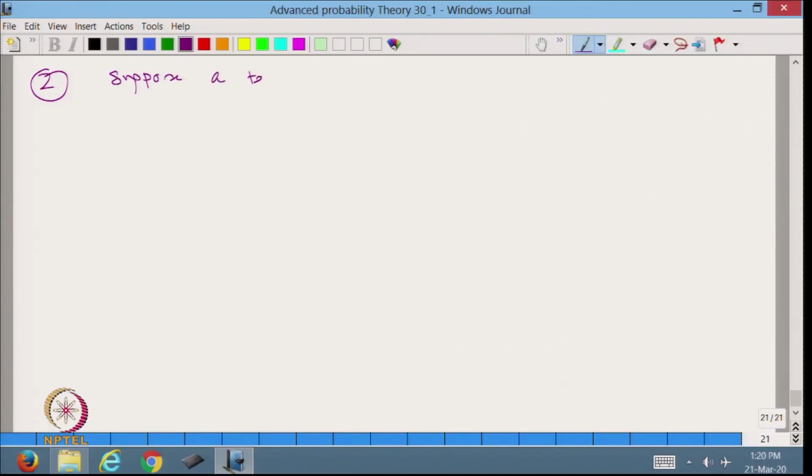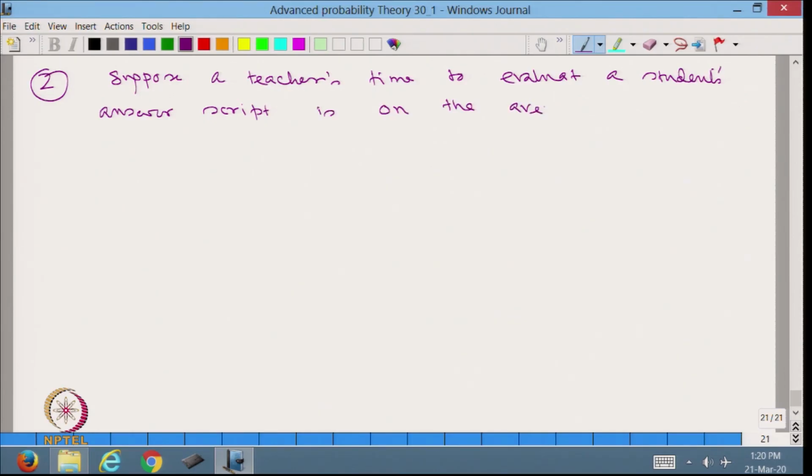Problem number 2. Suppose a teacher's time to evaluate a student's answer script is on the average 1 hour with a variance of 0.26 hours.